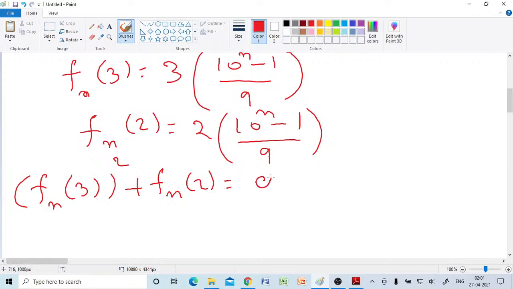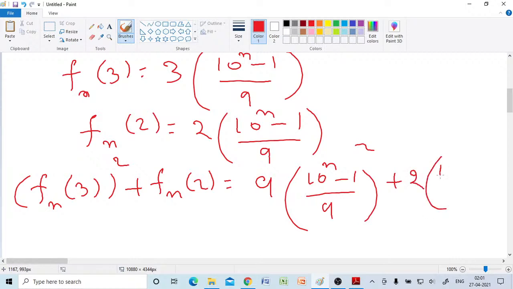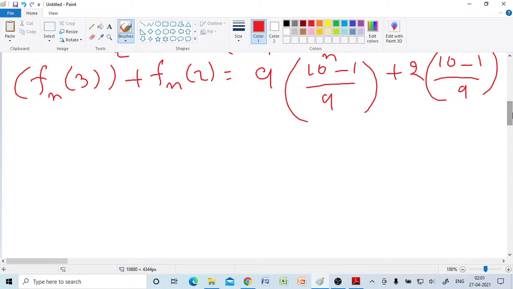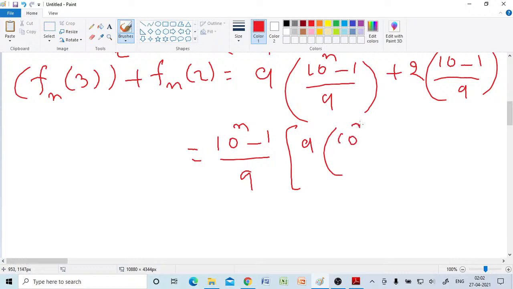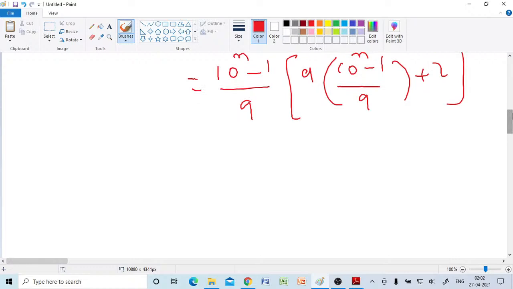So if we square this, then we will have 9 times 10 to the power of n minus 1 over 9, squared, plus 2 times 10 to the power of n minus 1 over 9. So we can just take 10 to the power of n minus 1 over 9 common out from here. We will have 9 times 10 to the power of n minus 1 over 9 plus 2. Okay, so this and this get cancelled.